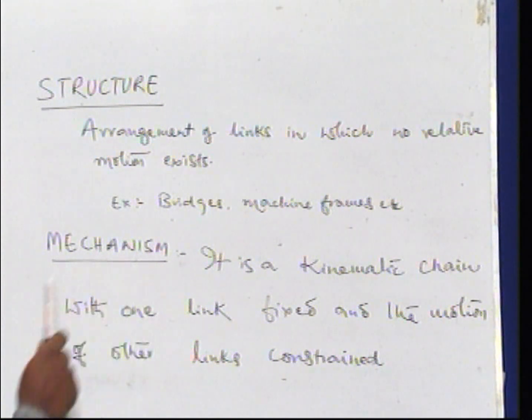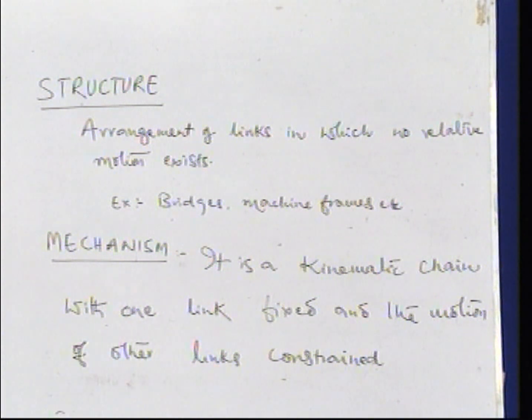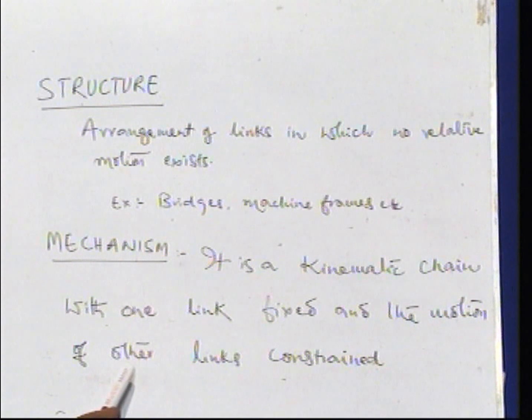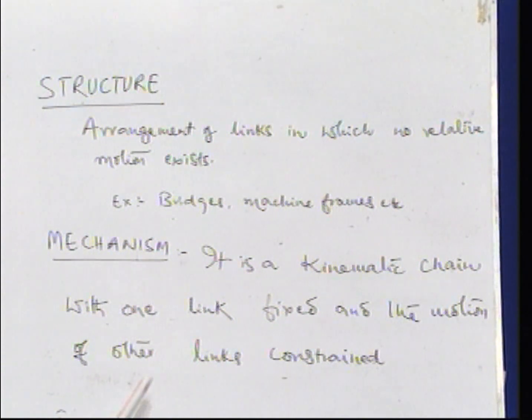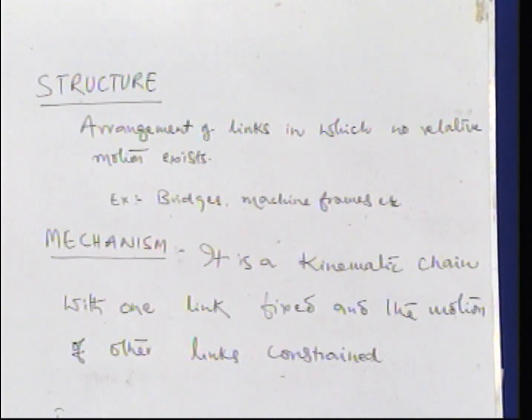The mechanism, it is a kinematic chain with one link fixed and the motion of other links constrained. The motion that is to be transmitted between the links is totally definite and constrained.